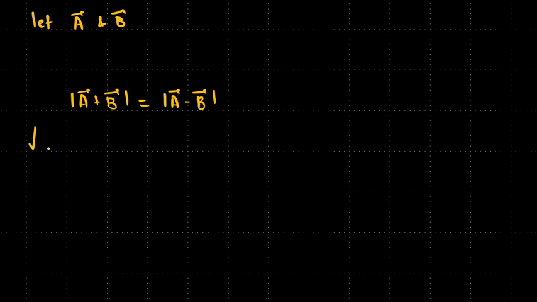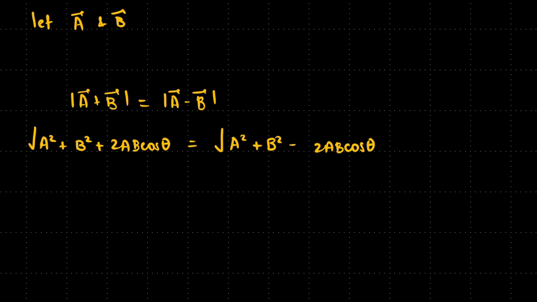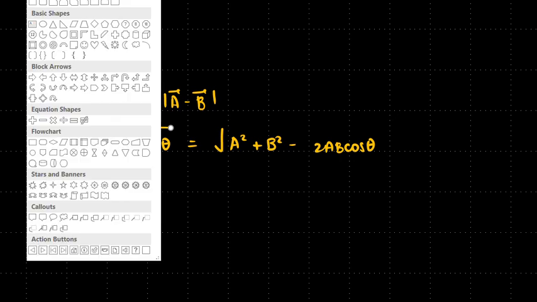The formula is the square root of a square plus b square plus 2ab cos theta, and the formula of vector subtraction is the square root of a square plus b square minus 2ab cos theta.